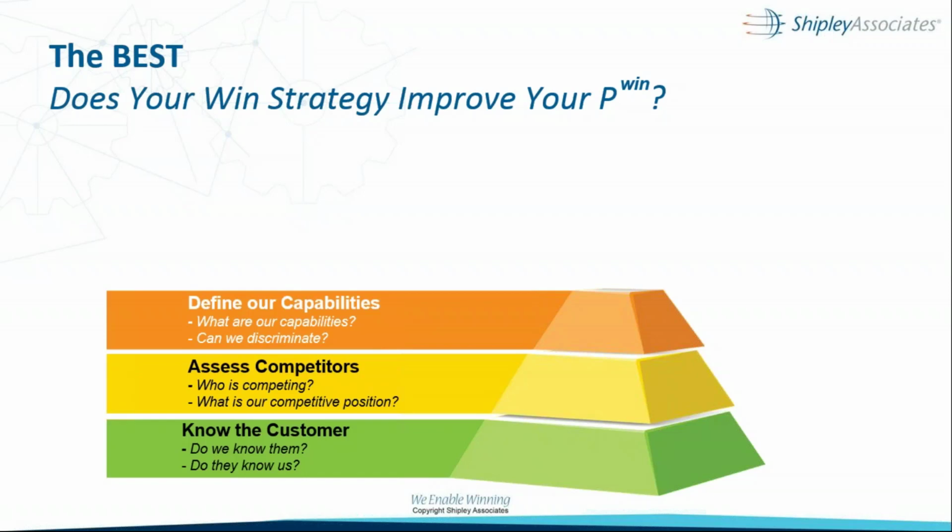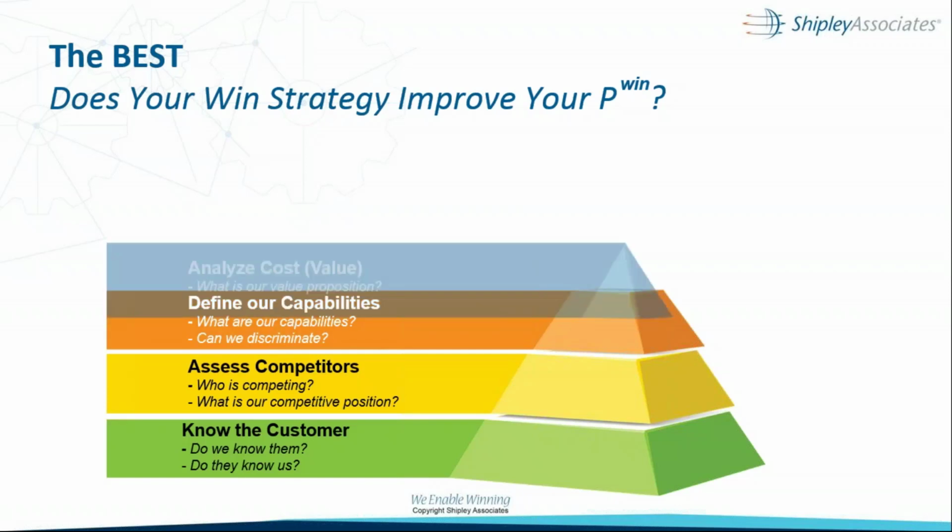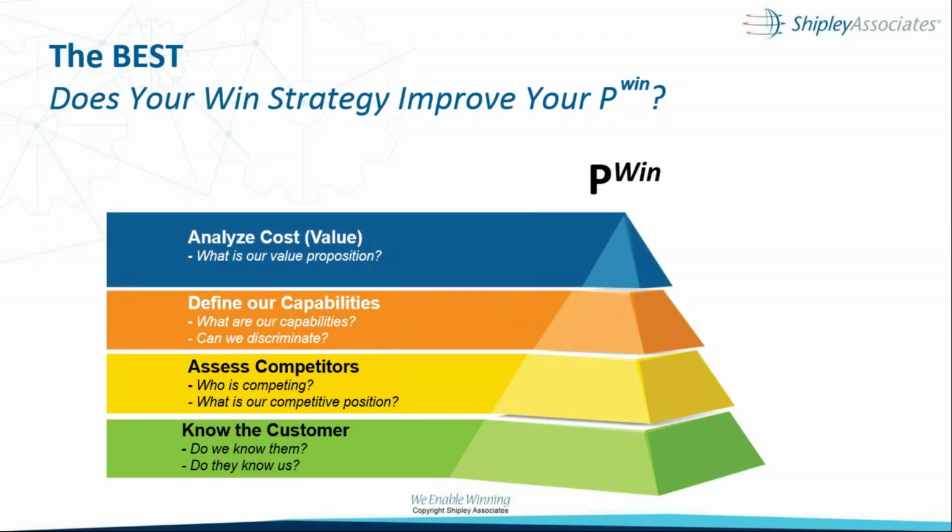Whatever we need to do to bring on that capability is part of defining our capabilities. And if we have certain people that are experts, or certain capabilities and capacities that are unique, these are discriminators, and they begin to posture us above and beyond our competition and allow us to suggest that we have a better solution.